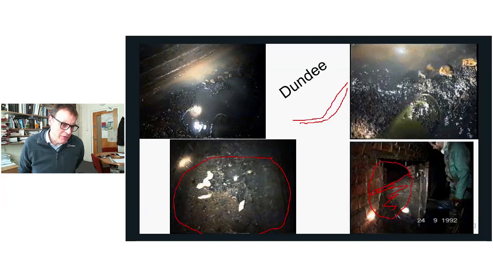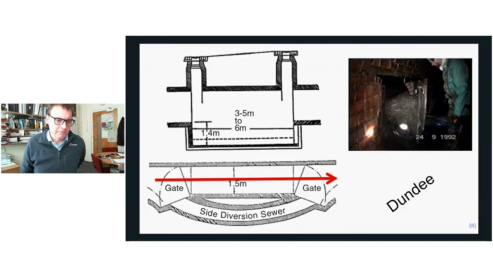So the kind of grey looking material you see here was actually that cement, and it formed a crust over the ordinary sediment, and it was basically stopping it from being eroded.